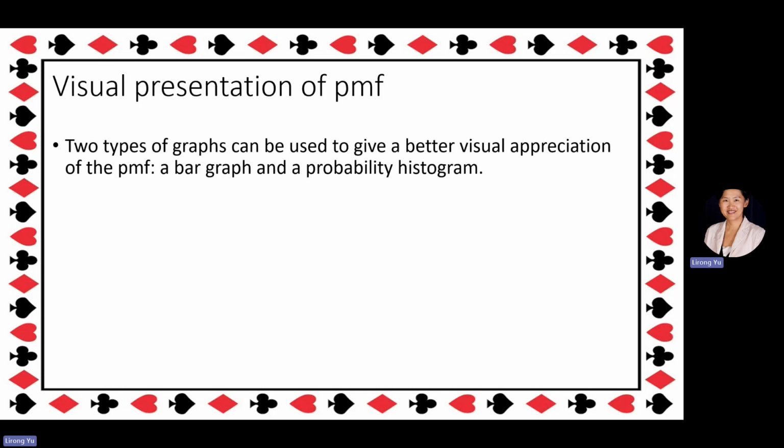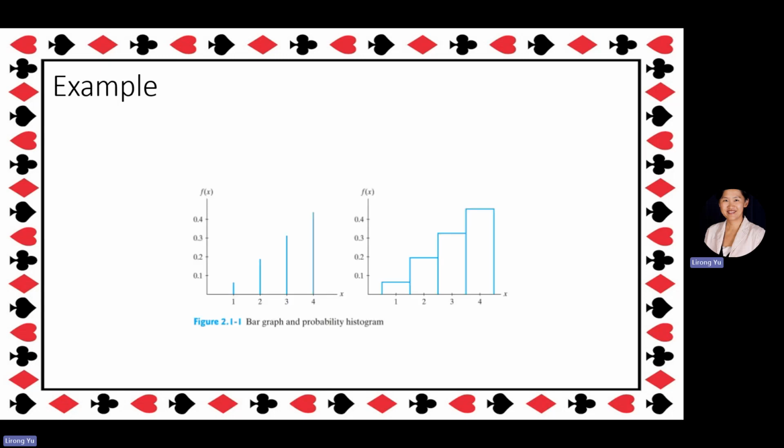All right. So for representations of the probability mass function, we can use a probability histogram or a bar graph. Over here is the same thing that we mentioned earlier. You can use a bar graph. This is a histogram.